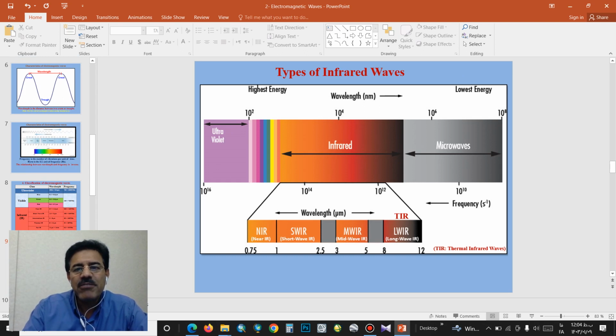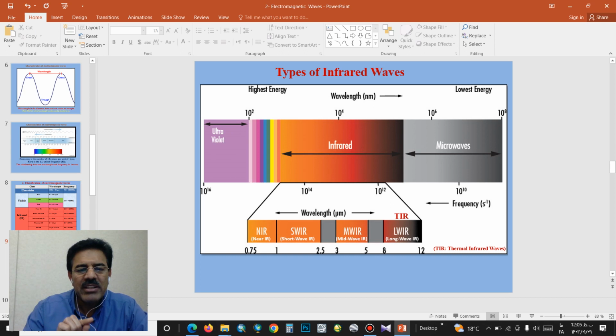Types of infrared waves based on wavelength: NIR or near infrared, SWIR or short wave infrared, MWIR or mid wave infrared, and LWIR or TIR or thermal infrared.